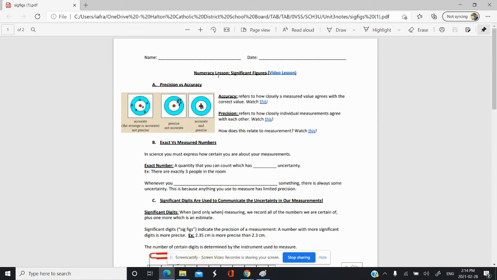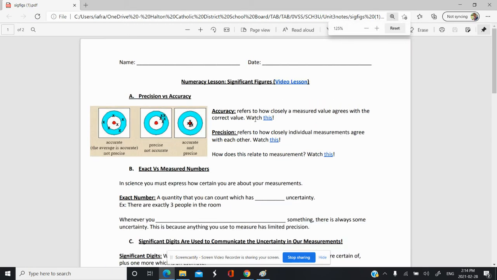So when we talk about measurement, there's a few terms you need to know before we go into how this relates to numbers. There's a term called accuracy and a term called precision. Accuracy is how closely your measured value will agree with the correct value. So we can look at the picture over here.